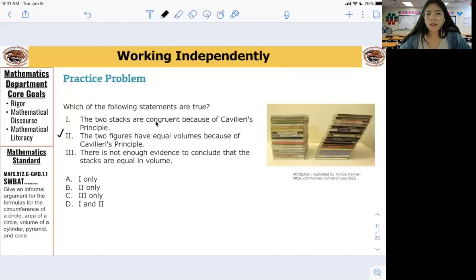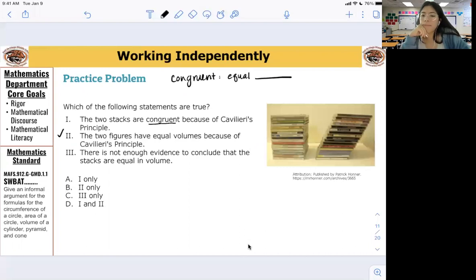Would they also be congruent? What does it mean for something to be congruent? Very basically, what does it mean for something to be congruent? Same what, though? Equal what?